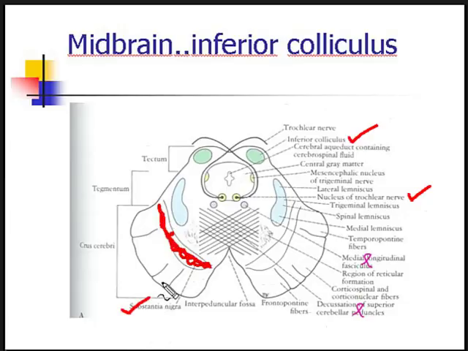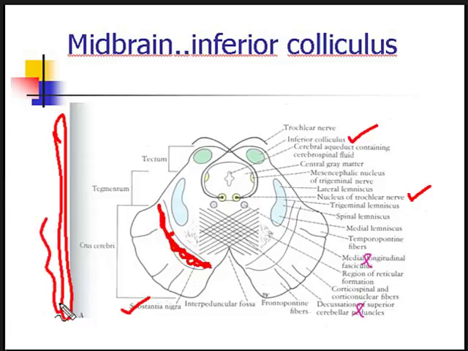And then the fifth nerve. I told you there were nuclei which went all the way from the midbrain down to the medulla. In the medulla and the lower part of the pons, the nucleus was known as the spinal nucleus of the fifth. These are all sensory nuclei.